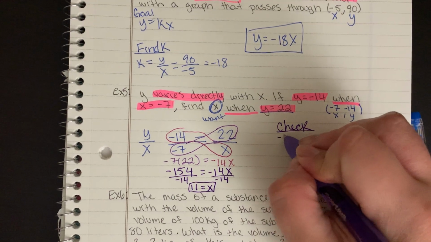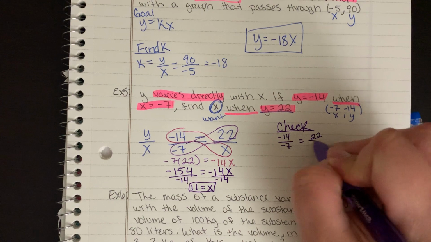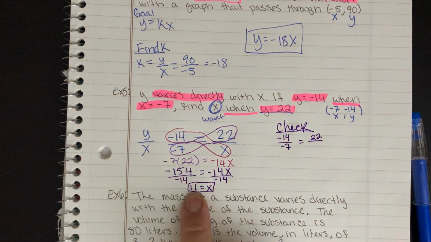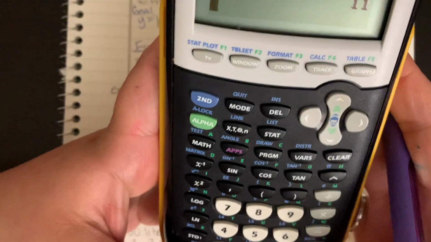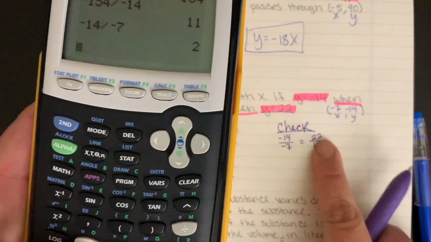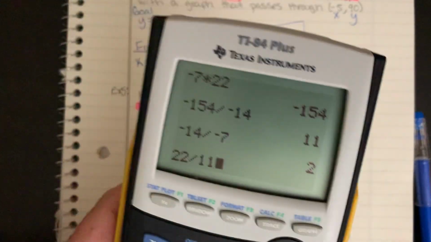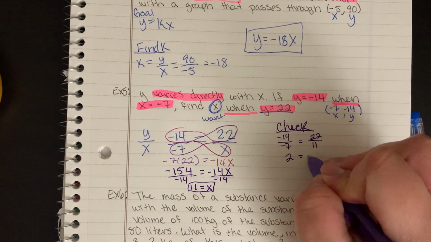So is negative 14 over negative 7 equal to 22 over 11? All we have to do is simplify. Negative 14 over negative 7 is a positive 2. Now 22 over 11: 22 divided by 11 is a positive 2. So 2 equals 2.